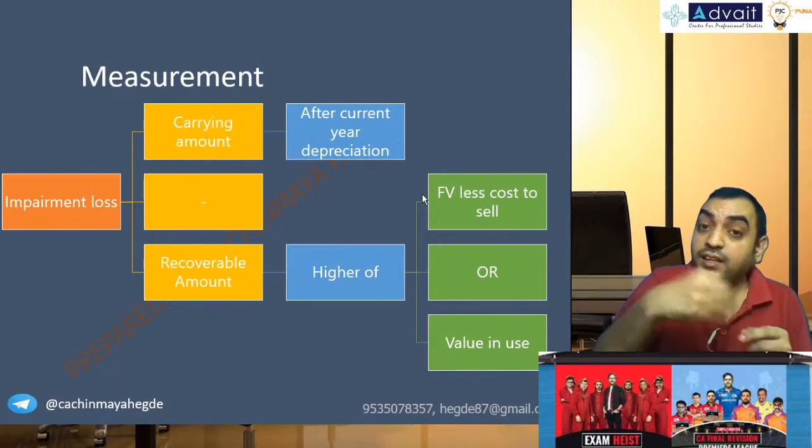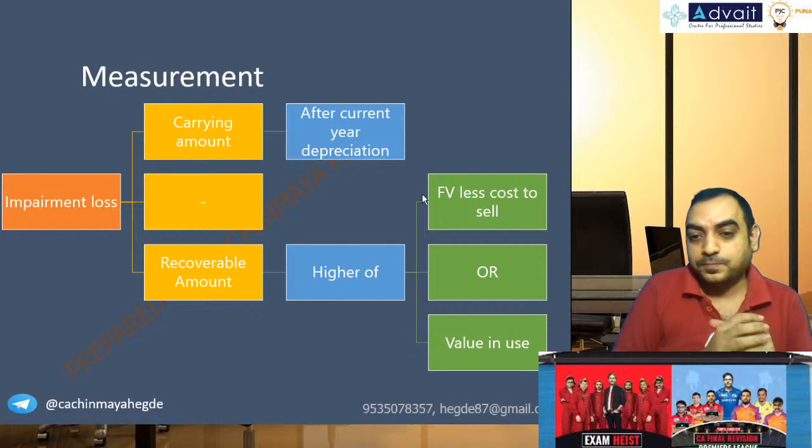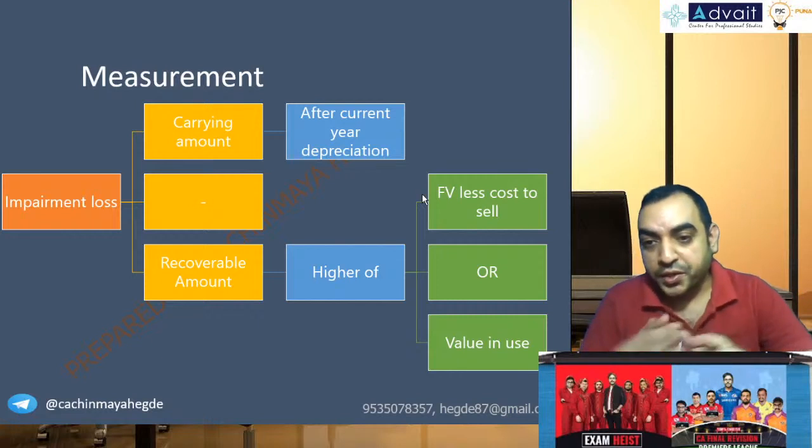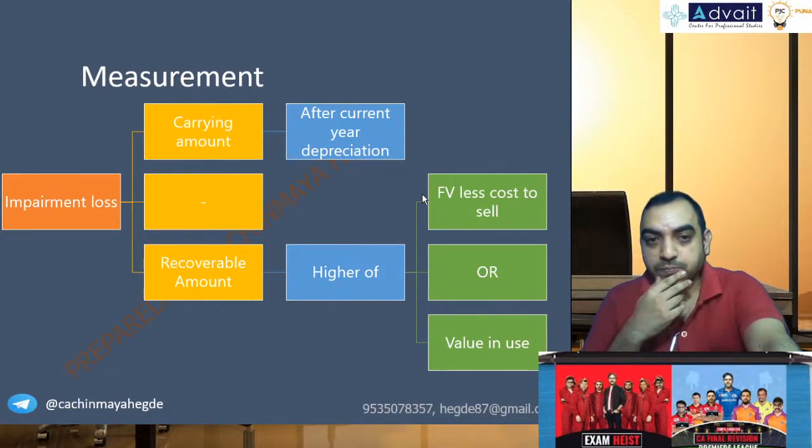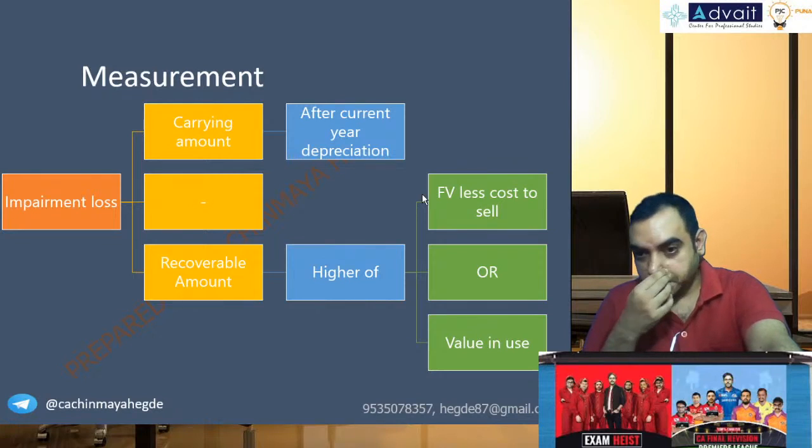Indicator may mean there is impairment. Okay, hope you got it. Shall we go further to the calculation of impairment?